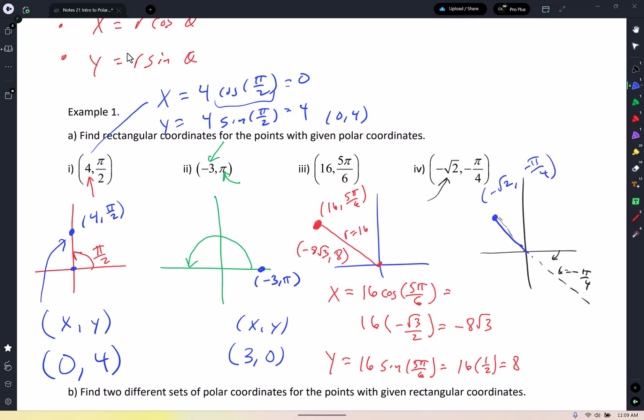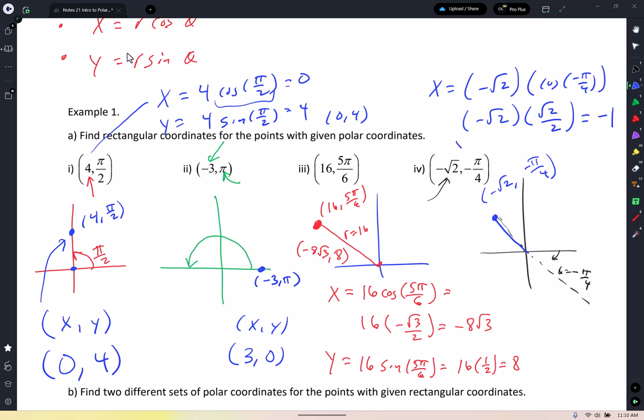I want my x and y coordinate. X equals negative square root of 2 times cosine of negative pi over 4. How do I do that? From the unit circle, cosine of negative pi over 4 is square root of 2 over 2. Square root of 2 times square root of 2 is 2, but I have a negative in the front, so that's negative 2 divided by 2, so I get negative 1.